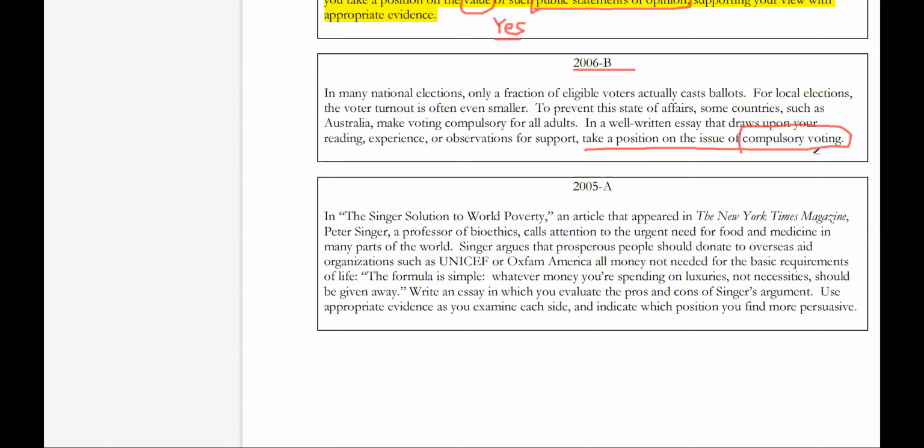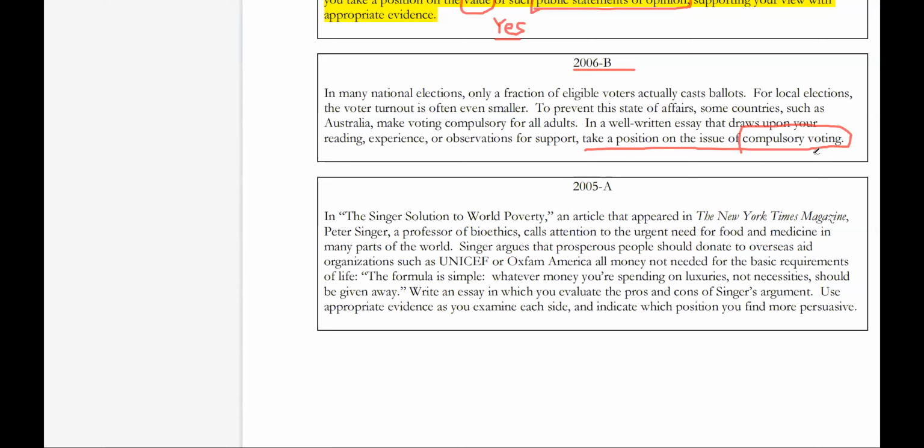It's going to be what? Prove how compulsory voting is beneficial. That's still true, false. Prove it is, as long as it's is, right?